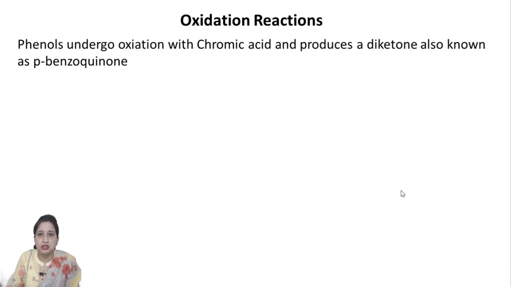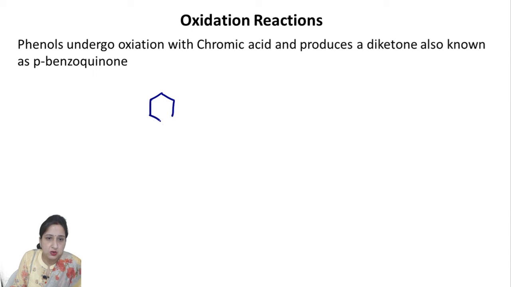Next is the oxidation reaction of phenols. Phenols undergo oxidation with chromic acid or potassium dichromate and produce a diketone also known as para-benzoquinone. So how does this reaction take place? This is your phenol.